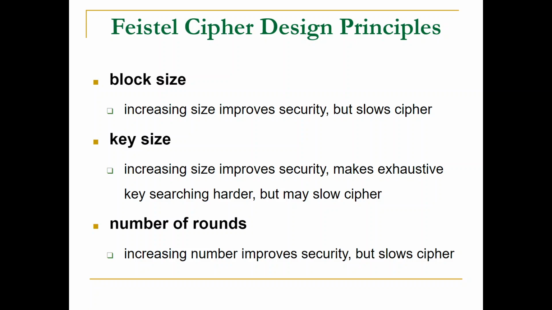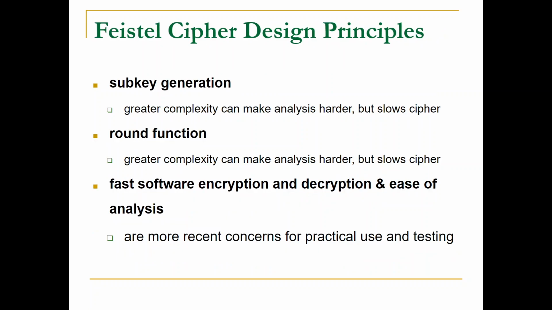Then increasing key size also improves security, but again it slows the cipher. And increasing the number of rounds also increases the security, but again it slows the cipher. So greater the block size, greater the security; greater the key size, greater the security; similarly, greater the number of rounds, greater the security.